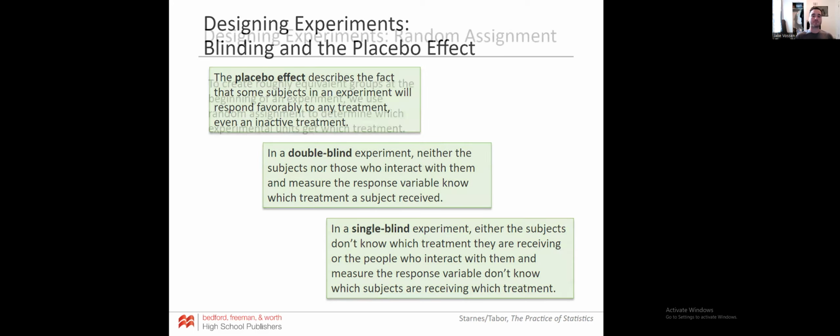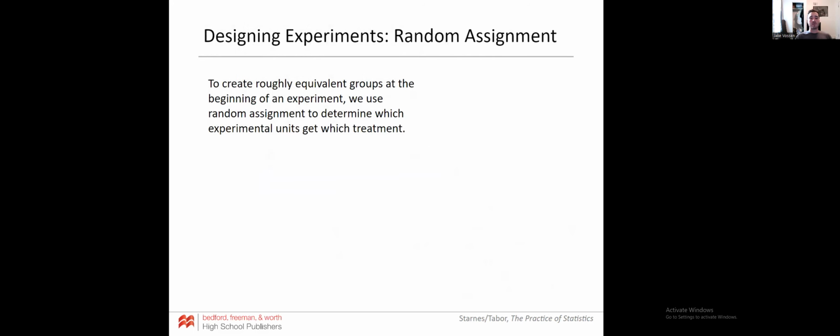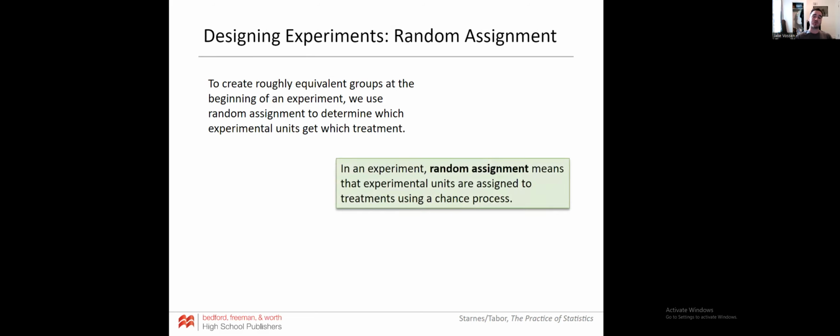Pretty straightforward. All right. So when you design an experiment, one way you can conduct it is called random assignment. To create roughly equivalent groups at the beginning of an experiment, we use random assignment to determine which experimental units get which treatment. So we don't want to say we're going to give the treatment to these people who are far more likely, maybe they're all athletically built, relatively young, no previous diseases, and then we give the placebo to people who are sick or have diabetes, which usually has lots of health factors involved, right?